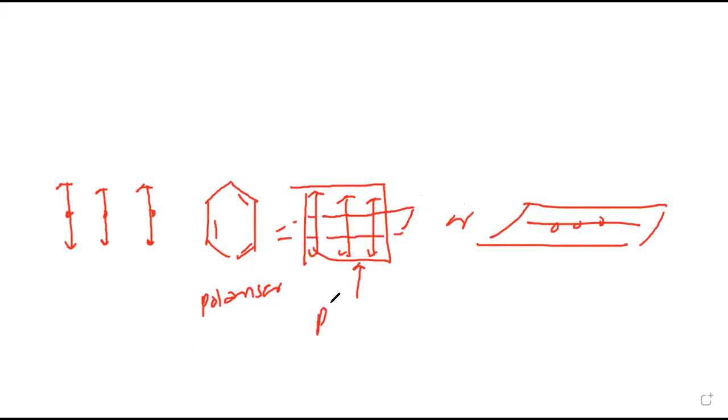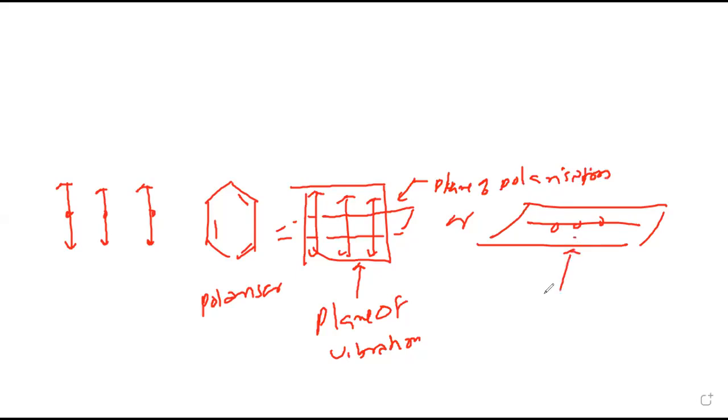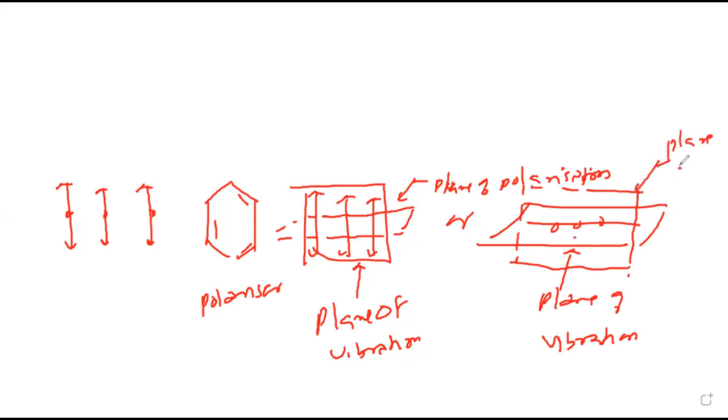This plane which contains the vibration in vertical direction is called the plane of vibration, and the missing one is called the plane of polarization. Similarly, in this case, this is the plane of vibration, and the horizontal which is missing is the plane of polarization. So always polarization and vibration planes are perpendicular to each other.